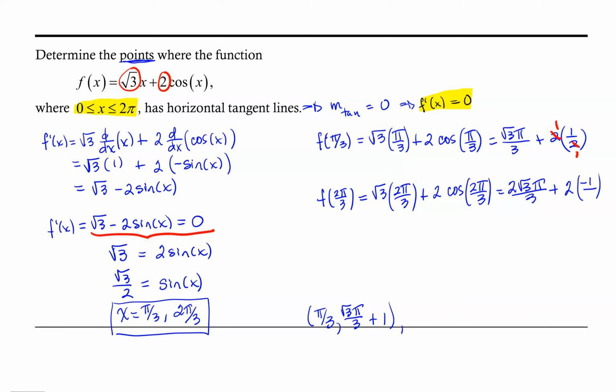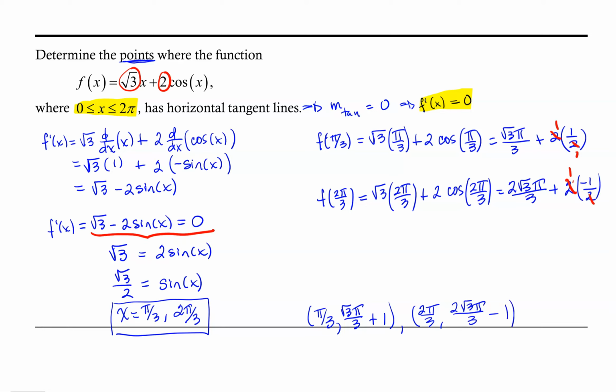And cosine of 2 pi thirds is negative 1/2. So that will simplify with the 2 coefficient to become a negative 1. So we would end up as our second point, 2 pi over 3, comma, 2 square root of 3 pi over 3 minus 1.